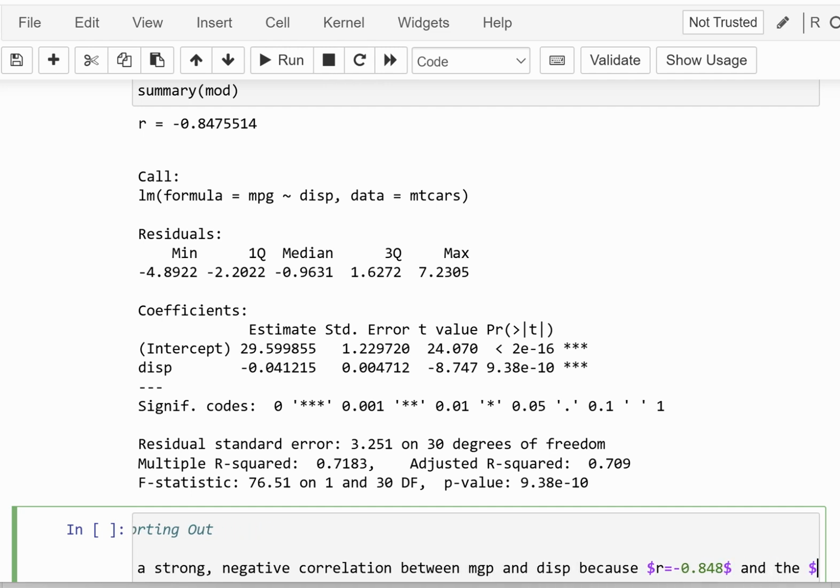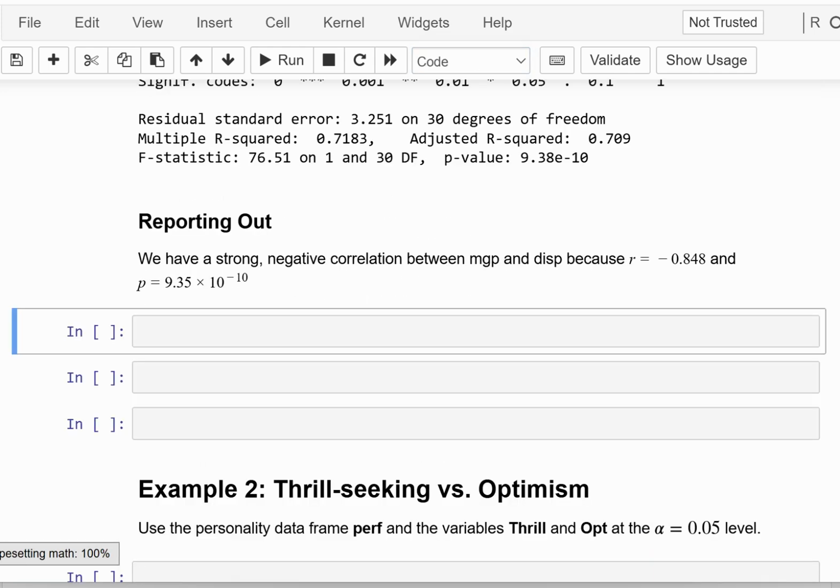And P is equal to 9.38. I'm going to use a backslash times and then 10 raised to the open close curly brackets. Why? Because that negative 10th is going to display funny if I don't. So let me switch this to markdown and let you see what I've got so far.